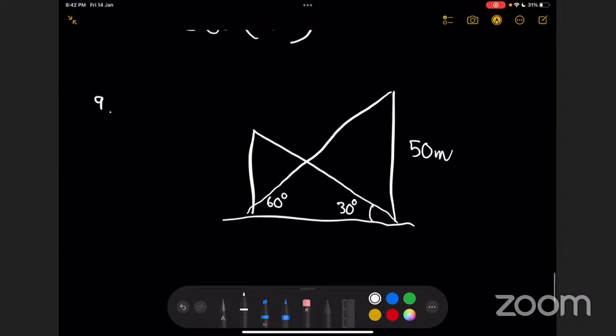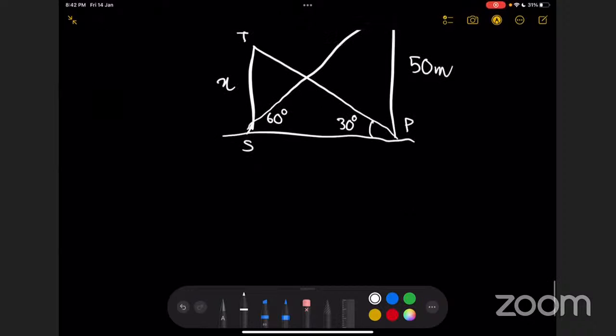Right? If the tower is 50 meters high, find the height of the building. So we need to find this, which is x. So I'm going to label the diagram. We need to find TS. PS is common, so we'll start by figuring that out first. Both of these are right angled triangles.